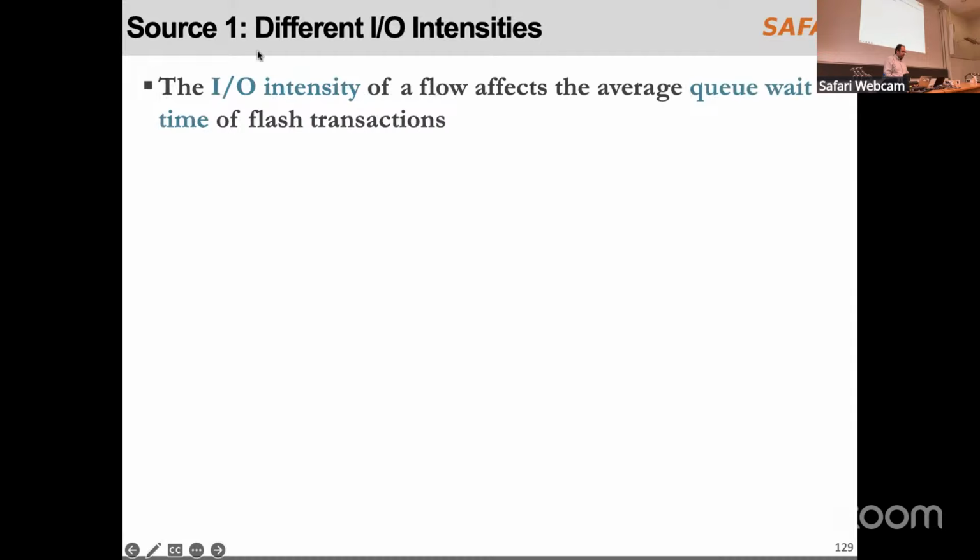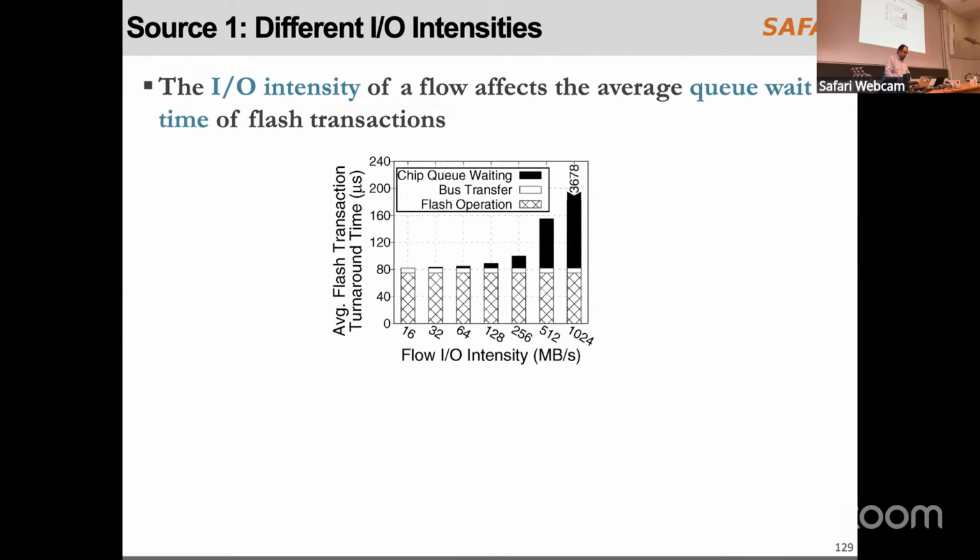But one source would be different IO intensities, which I think you have some sense of. It is very similar to memory intensive and memory non-intensive; for IO also you can have IO intensive and IO non-intensive. We showed with some analysis that we had one fixed flow, or let's say application, for which we were reporting the average latency.